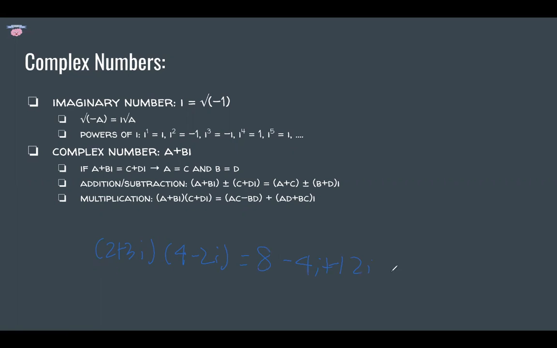Last, 3i times negative 2i is minus 6i squared. Now i squared is negative 1. So this, instead of being minus 6i squared, it'll just be minus negative 6 or plus 6. And if you combine like terms, you get 14 plus 8i, and that would be your final answer.